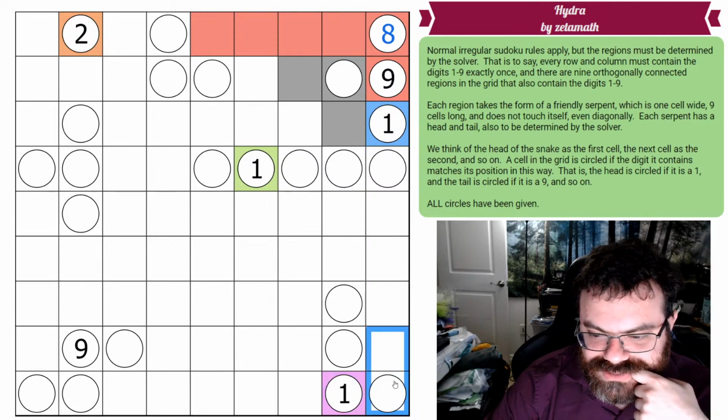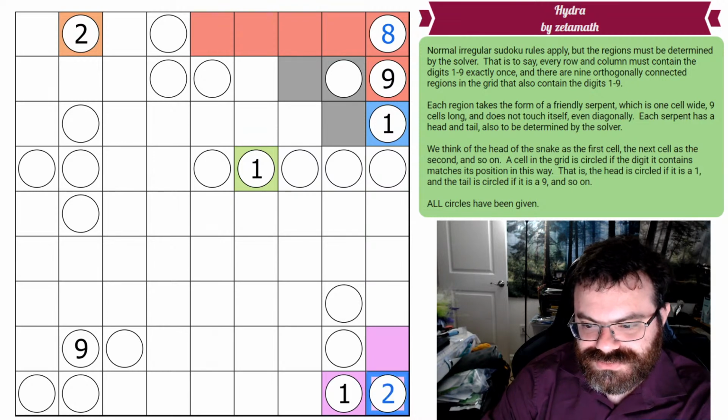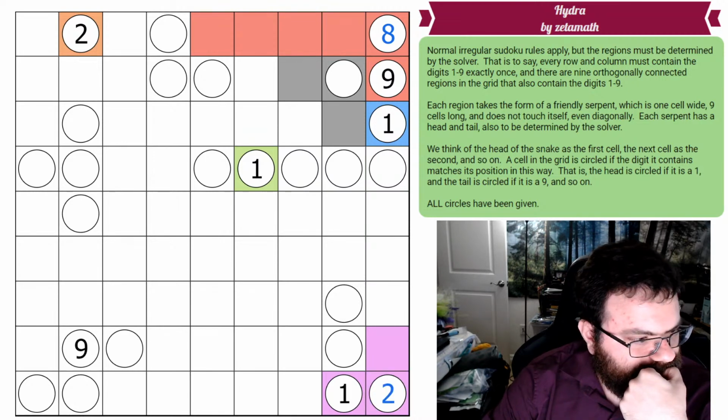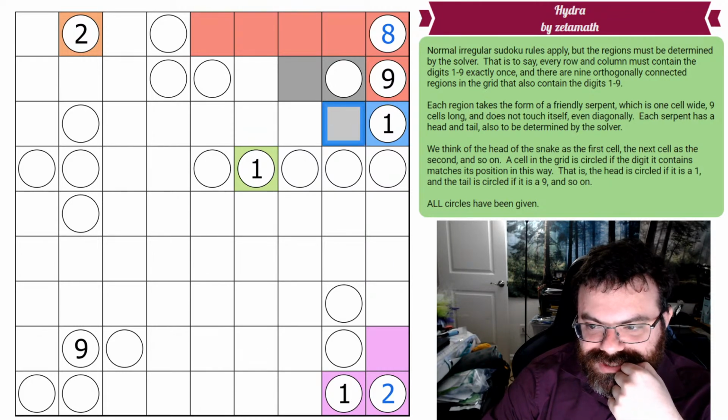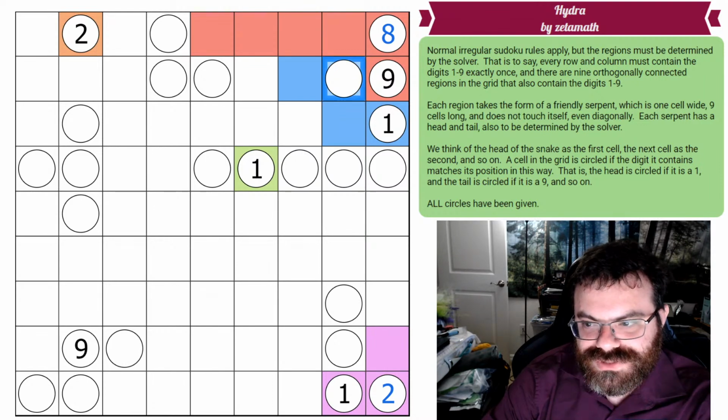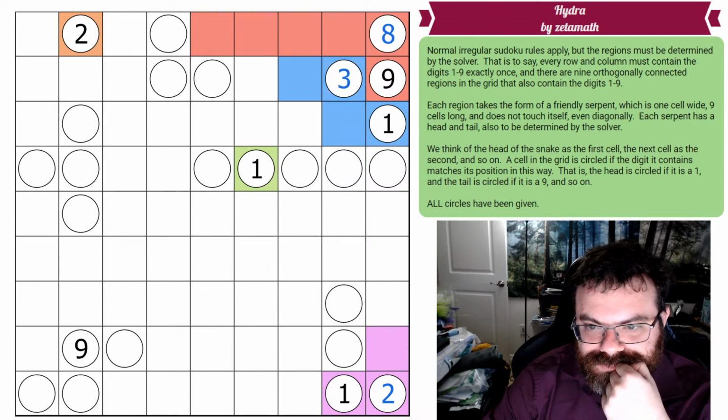Since this can't be the end of a snake, it's gotta turn the corner. The purple does that. So this is a 2. And so now blue actually does have to turn left, so it does take these. So this is a 3. Blue can't go down, so it keeps going.